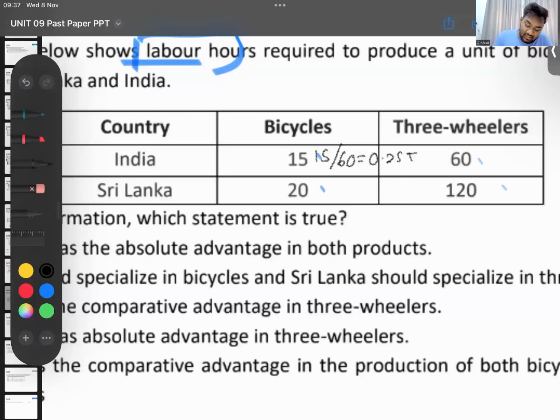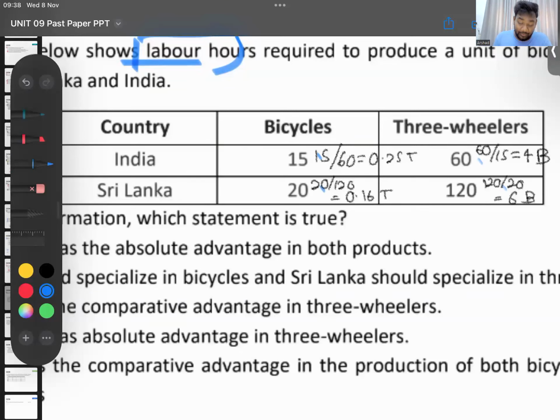Here, it will be the opposite. 60 divided by 15, you get 4 bicycles. Then here, 20 divided by 120, you get 1 divided by 6, 0.16, 0.1666 three-wheelers. Here, 120 divided by 20, that is 6 divided by 1, that is 6 bicycles.